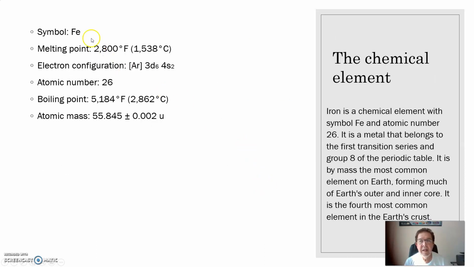The chemical element symbol is Fe, as you can see here. The melting point is 1538 Celsius degrees. Here you have the electron configuration. The atomic number is 26. It's a metal that belongs to the transition elements.